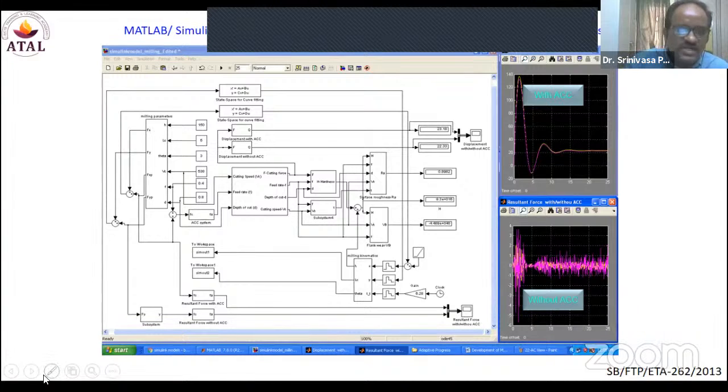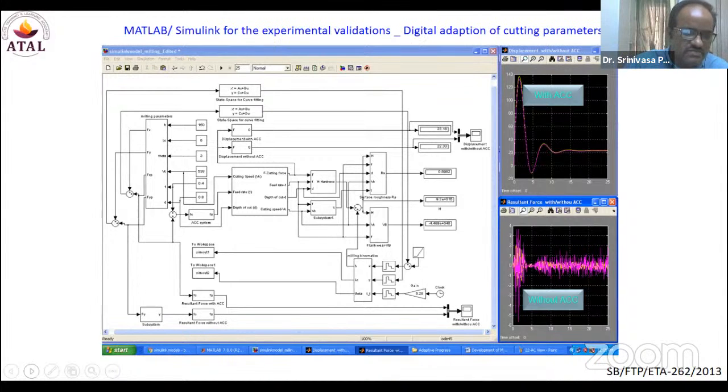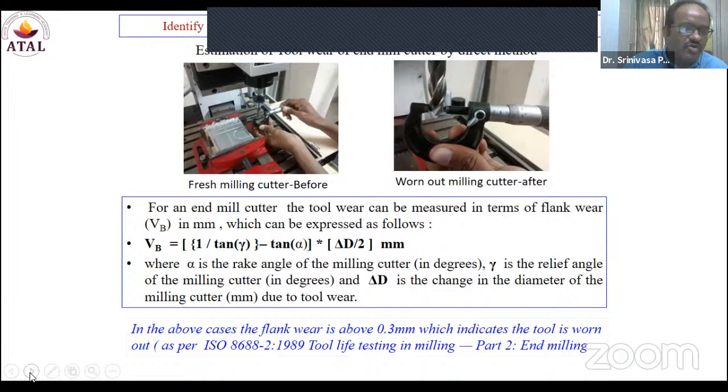And this process takes place in less than 20 seconds on the controlling system we have used to operate the CNC machine. That is how we have developed the program. Most of the programs are prepared with MATLAB and 20% from AutoCAD. AutoCAD, AutoLISP, not the 2D drawings, AutoLISP. This is about measuring the judging parameter, that is tool wear.